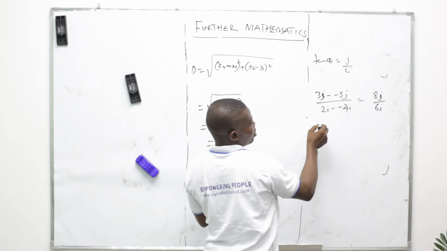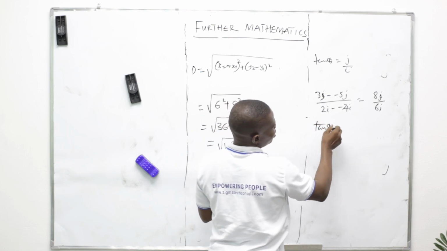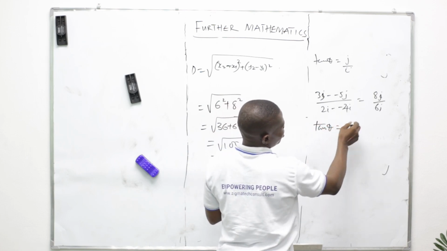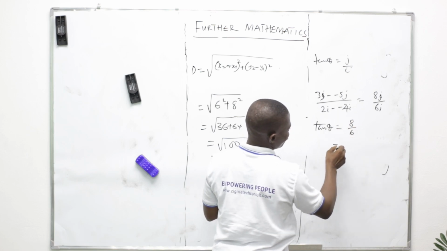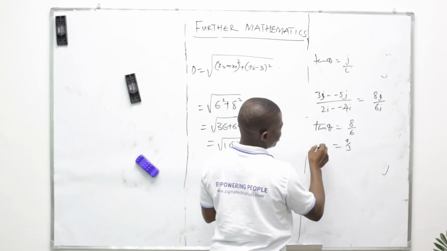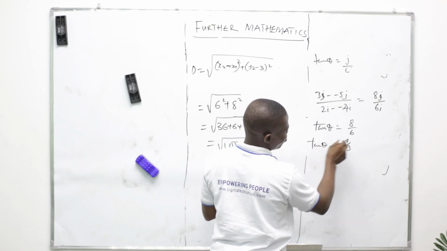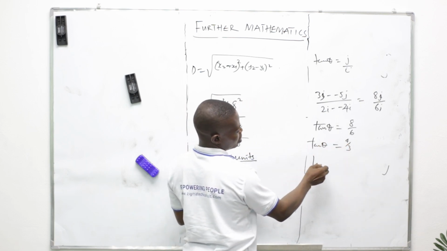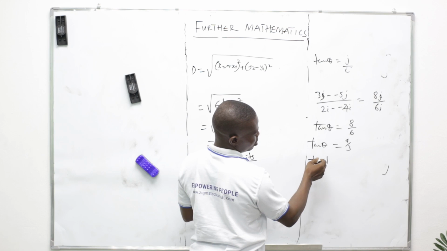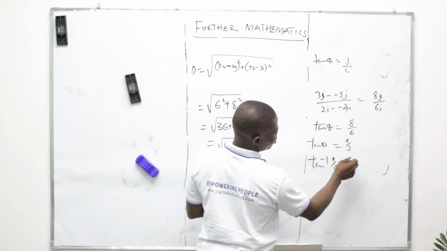But remember, what we need here now is angle. So 8 all over 6 equals 4 over 3. So tan theta equals 4 over 3. Then tan inverse 4 over 3 equals theta.